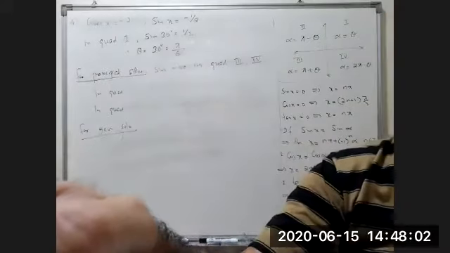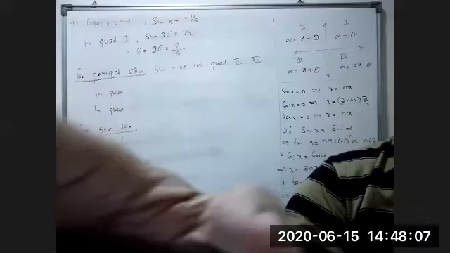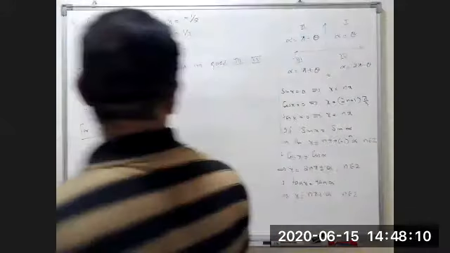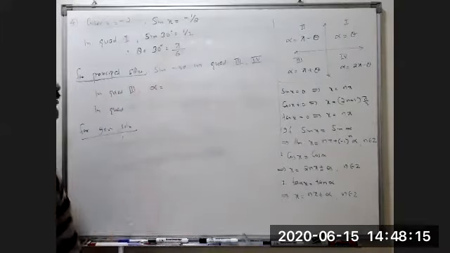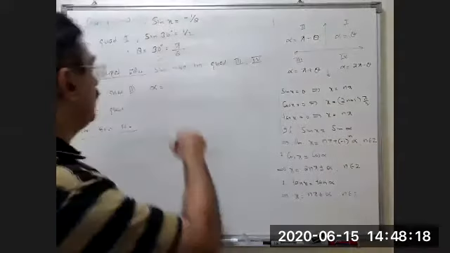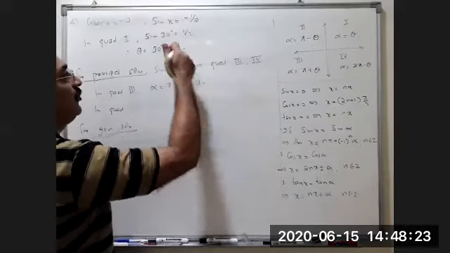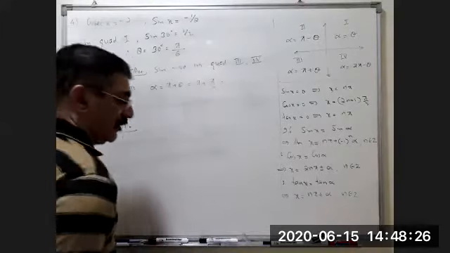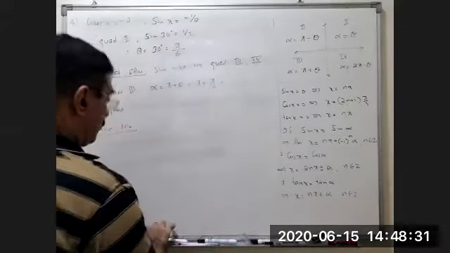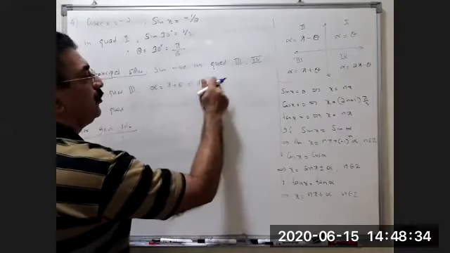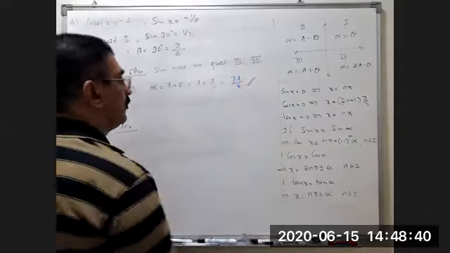Yes. Again, see that table. In quadrant 3, our principal solution alpha is pi plus theta, which is pi plus pi by 6, that is 7 pi by 6.